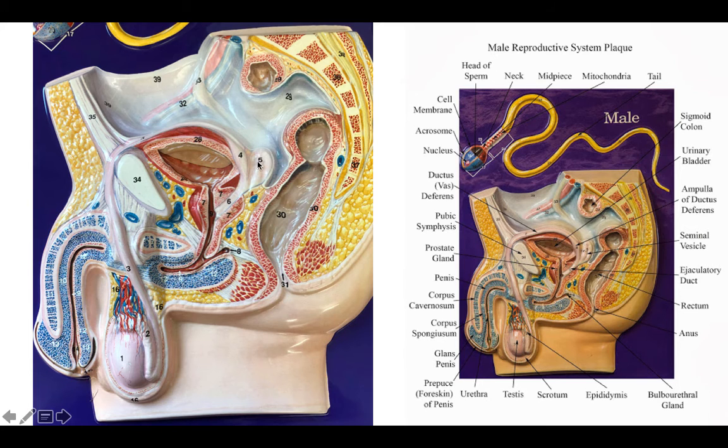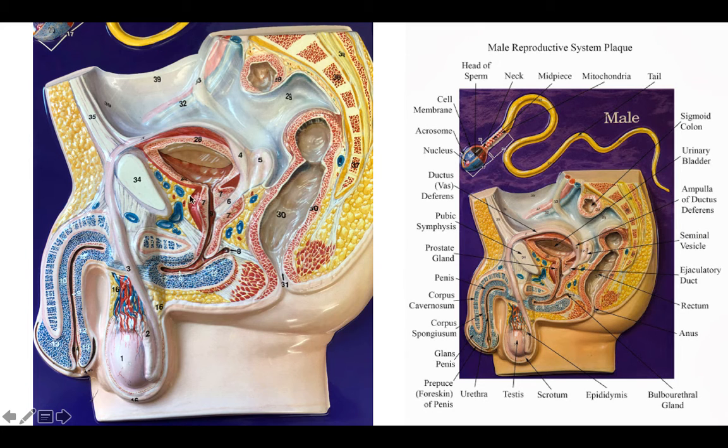So the seminal vesicles also release water, and that helps to increase sperm motility as well. All of that produced by the seminal vesicles is going to be dumped into this very short ejaculatory duct, and that will all help to increase sperm motility. So the seminal vesicles are very important in terms of production of semen. I mean, they're all important glands, but they just happen to be the largest percentage of the production of the seminal fluid, the fluid portion of the semen.